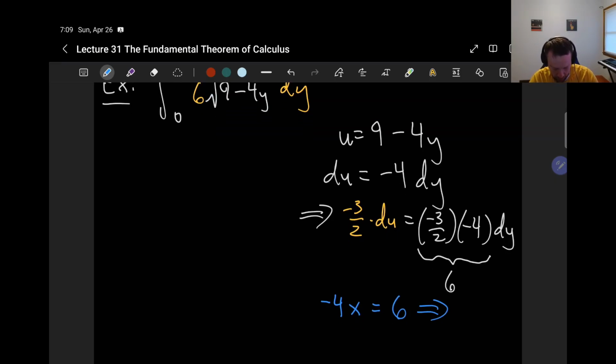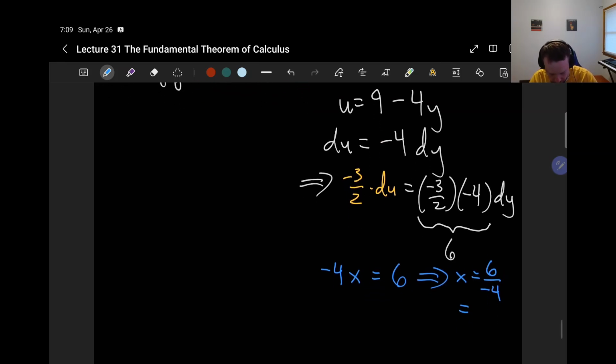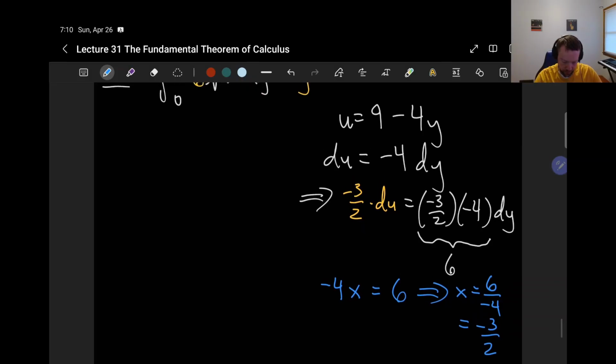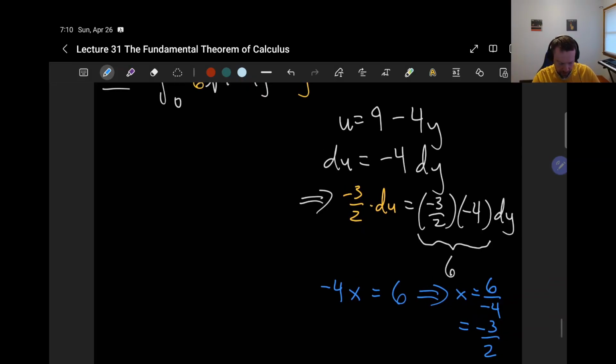And that's how I came up with the negative 3 halves. You divide both sides by negative 4. That reduces to negative 3 halves, and you're free to just move that negative up. So that's how I got the negative 3 halves number.